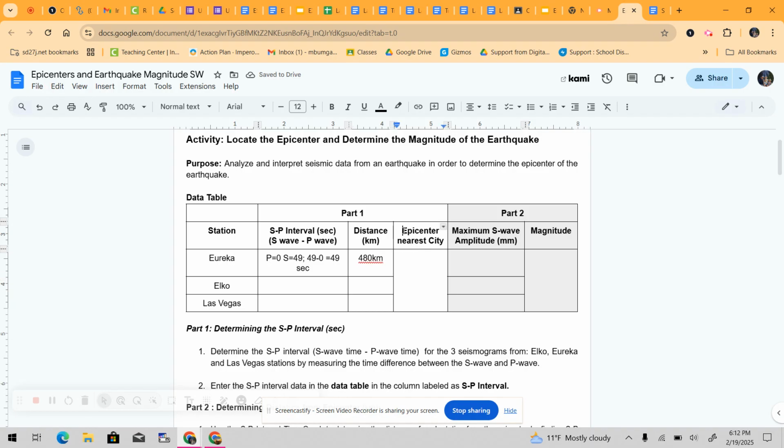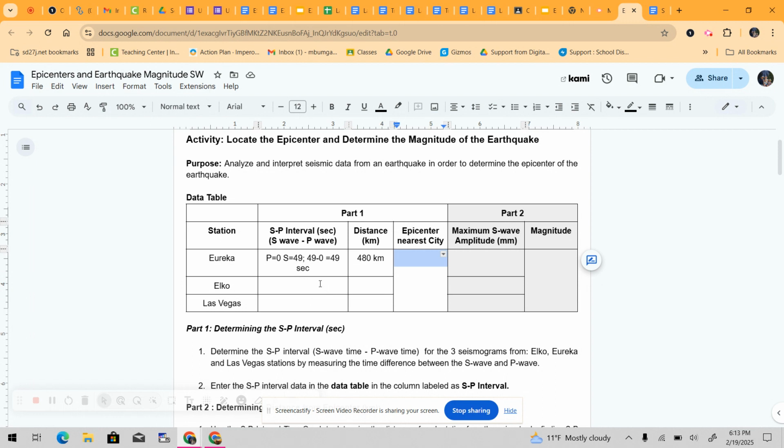Now, I cannot find the epicenter or the nearest city to my epicenter with just the data I have right now. Remember, we have to use triangulation to figure out the epicenter. So I'm going to need data from my other two seismic stations in order to figure out the epicenter.